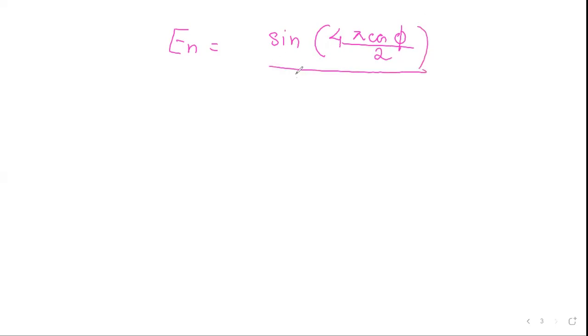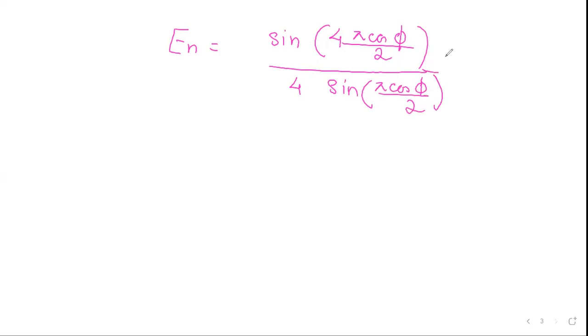Okay, so I'm writing now En is equal to 1 by n sine 4 into psi, which was pi cos phi upon 2, correct? Upon sine pi cos phi by 2.